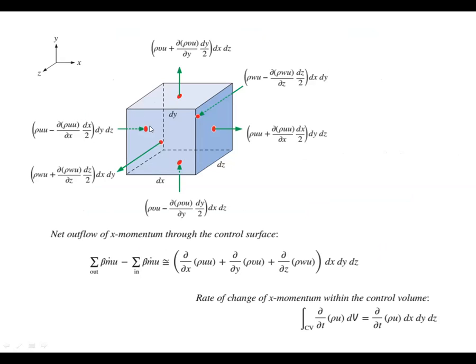As in the mass balance or conservation case, here the momentum force balance is considered for a small element dx dy dz. So the mass term is just multiplied by the concerned directional velocity u. In the previous case you had rho u minus del rho u by del x times dx by 2 times dy dz.